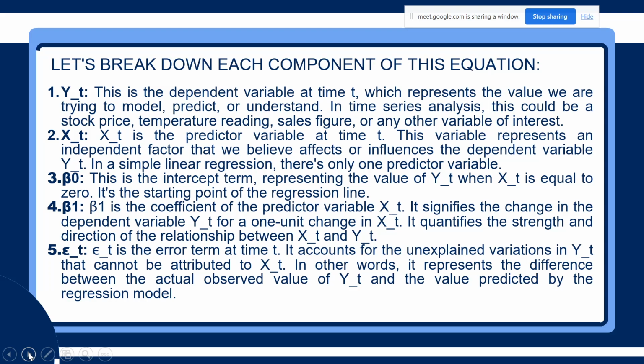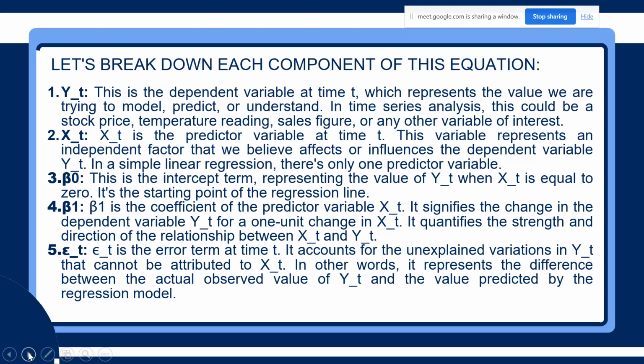So next is B0. This is the intercept term representing the value of y underscore t when x underscore t is equal to 0. So it's the starting point of the regression line. So the fourth is B1.